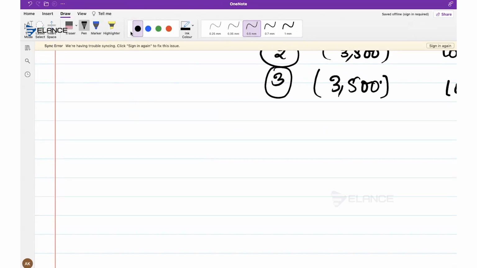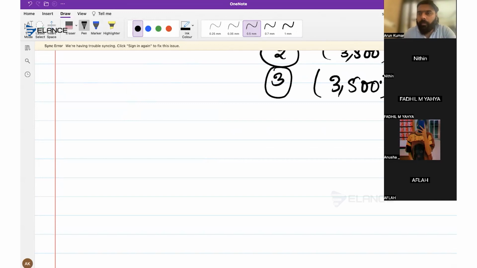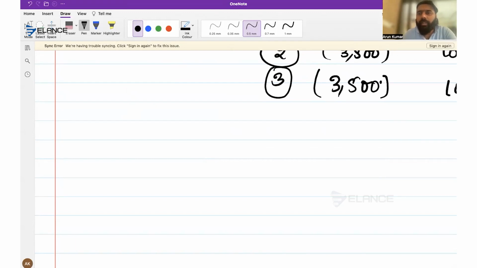Normally in an ethics question, they will mainly test the accounting issues. Okay, they will mainly test the accounting issues, and we need to check whether the accountant did that error intentionally, or because of his lack of knowledge, or because of some kind of intimidation threat.